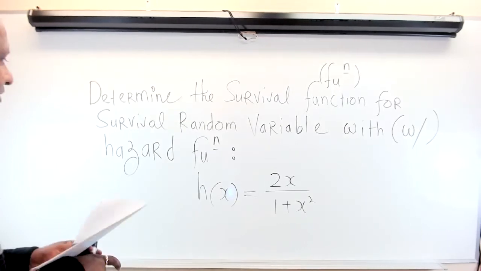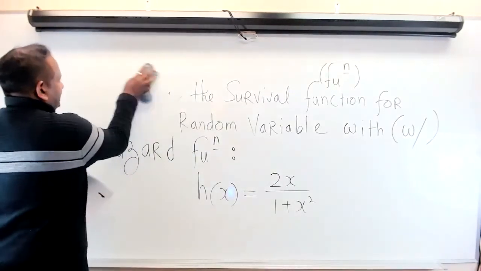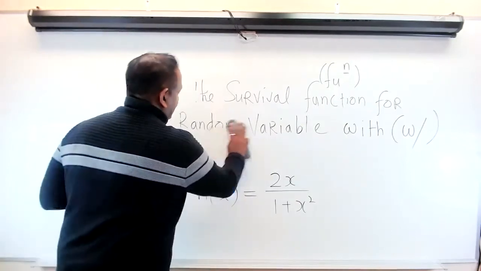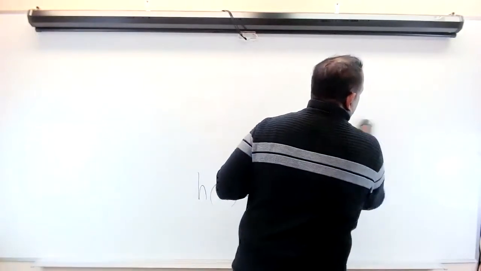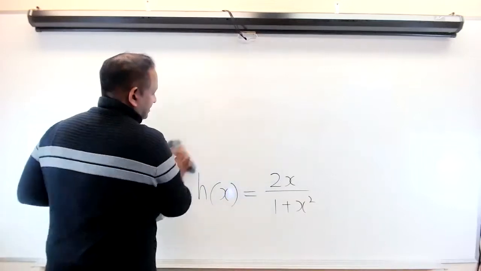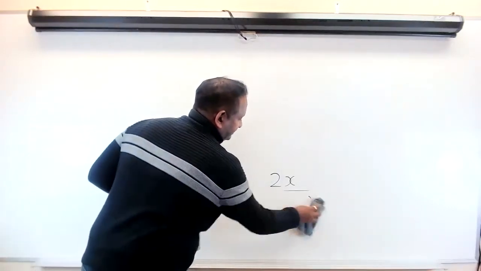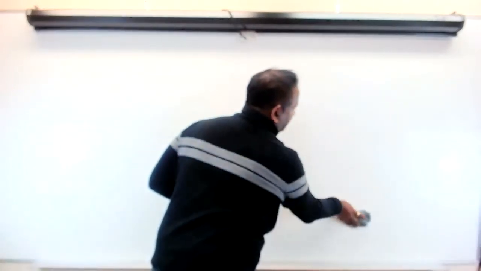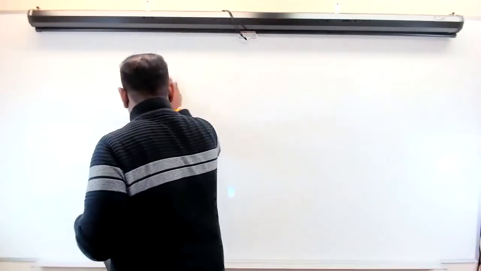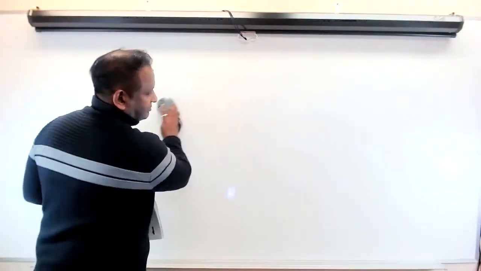In order to get this done, let's go to the basics. Let's use the formula that we need to calculate the survival function from the hazard function, where x is the time that particular component has survived. Let's go to h(x). h(x) has been given, 2x over 1 plus x squared.